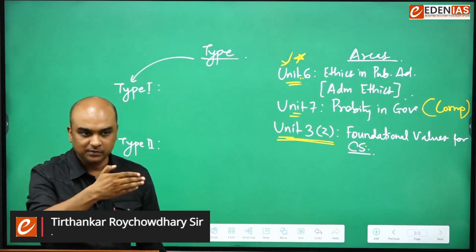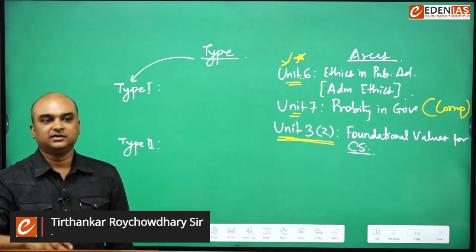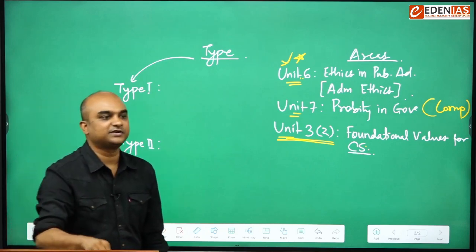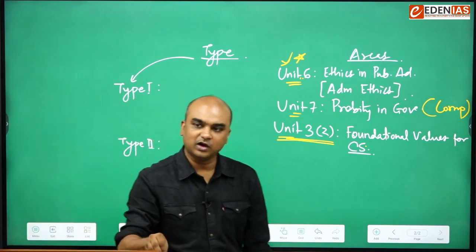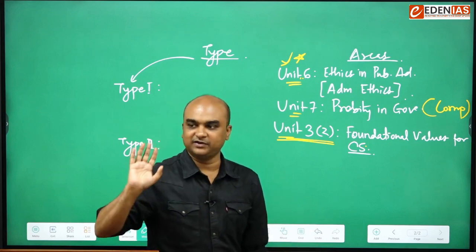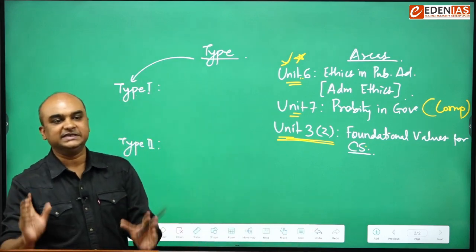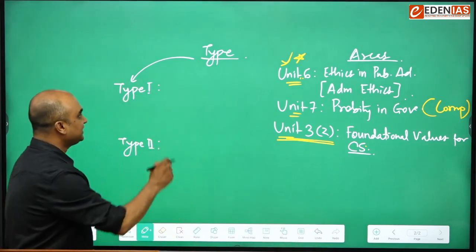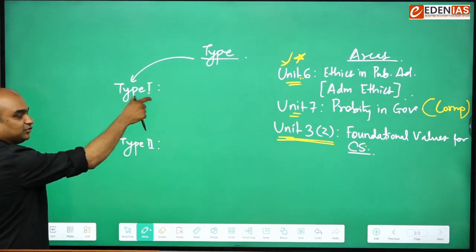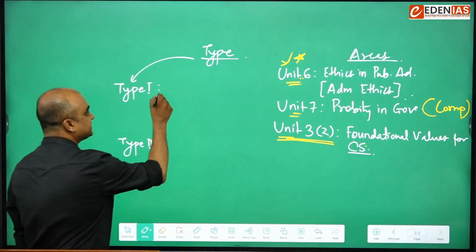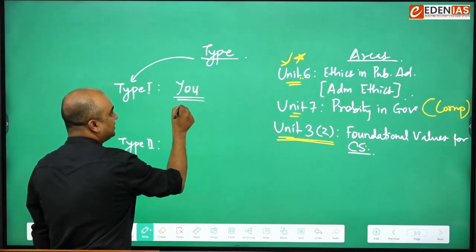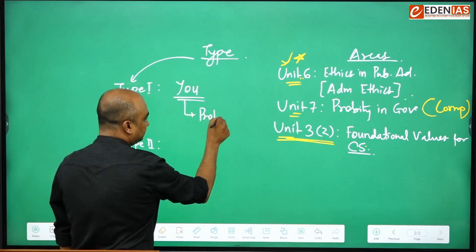The case study will begin with these lines: you are the present district magistrate, you are the superintendent of police, you are the subdivisional magistrate, something like that. You are the principal of a school, you are the CEO of a company. So case studies of this kind could be categorized into this category. Type 1 case studies are those case studies where you are the protagonist.